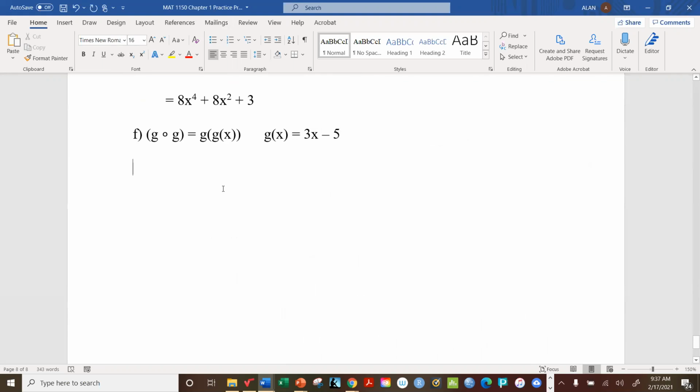All right, so that means that g of g of x equals 3 g of x minus 5, which equals 3 times 3x minus 5, minus 5, right? So you can see the x was replaced with g of x, which equals 9x minus 15 minus 5.